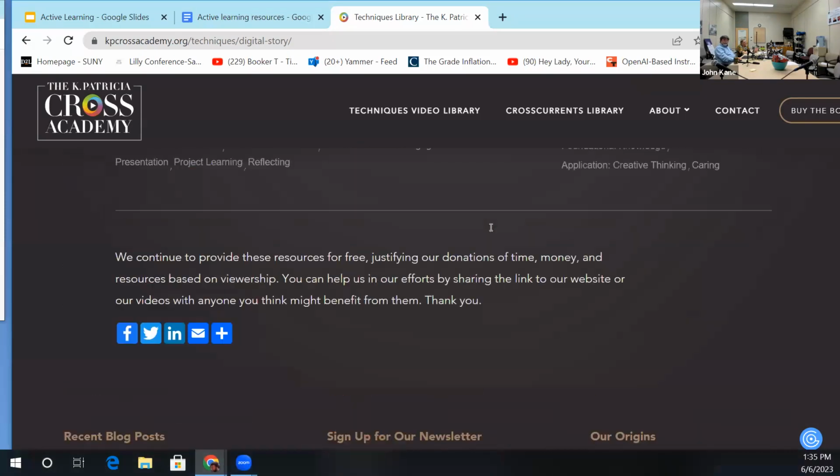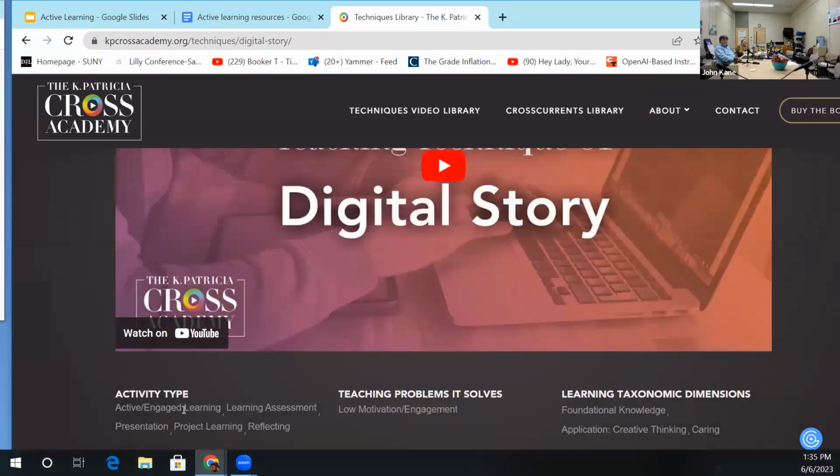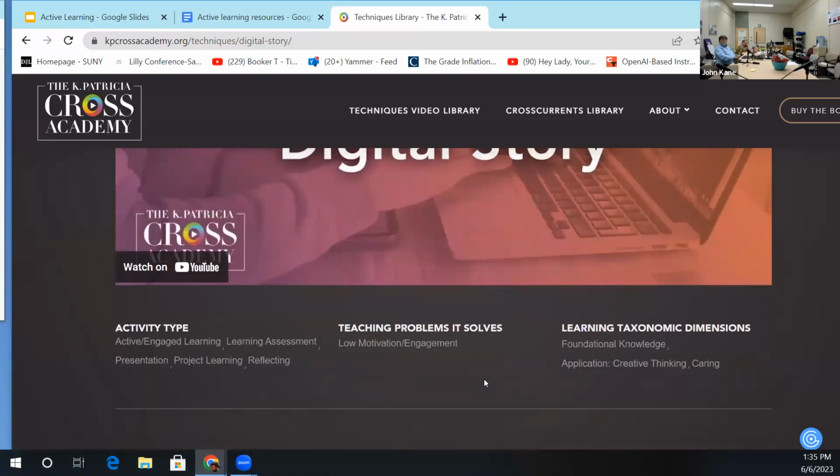And in here, there's also a discussion of how you can search for things by the activity type. Here, for example, it's active/engaged learning, learning assessment, presentation, project-based learning, reflecting the teaching problems that it solves, in terms of here, low motivation or engagement, and also what types of skills this develops in terms of Bloom's taxonomy.